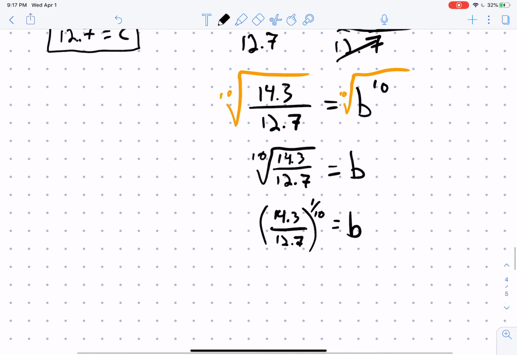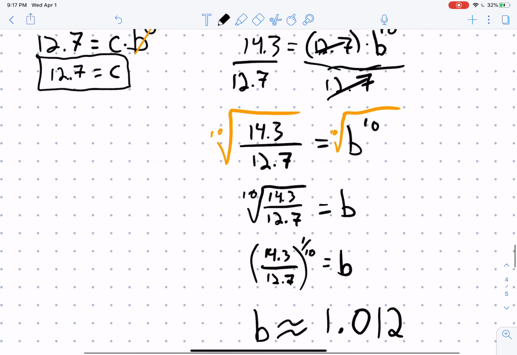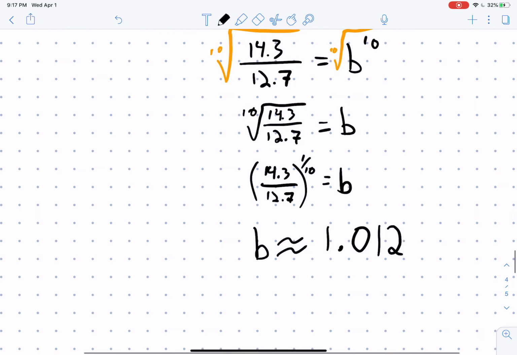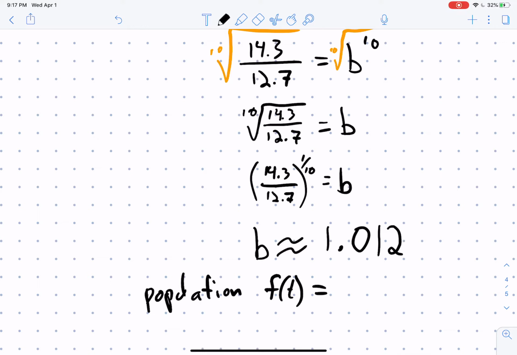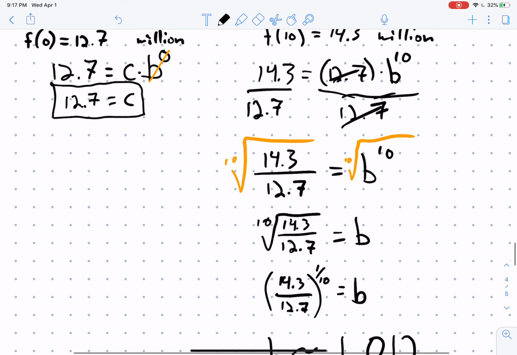So this number b is approximately equal to 1.012. So altogether, what is the formula that will determine the population? The population is given by the formula f of t is equal to, the constant in front is 12.7.